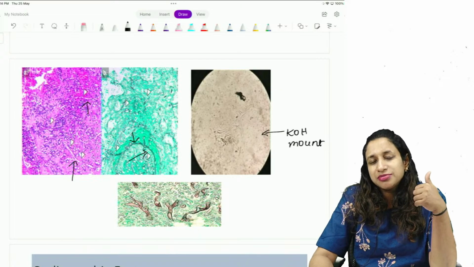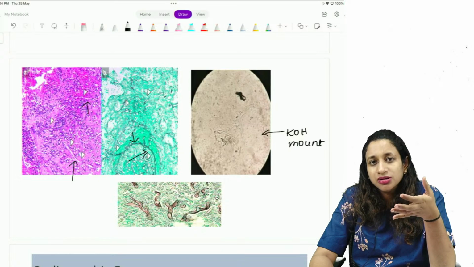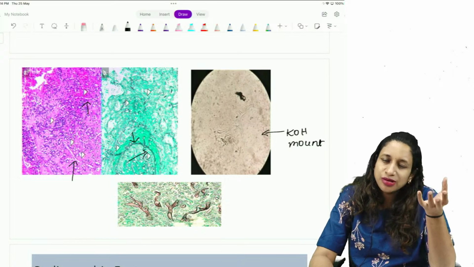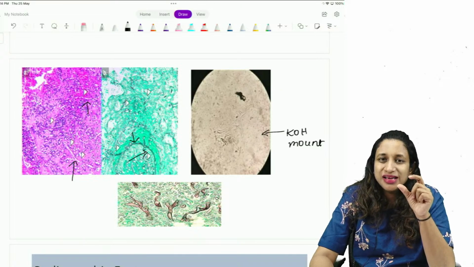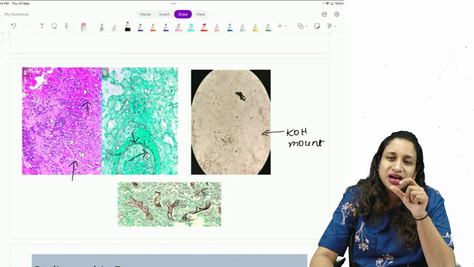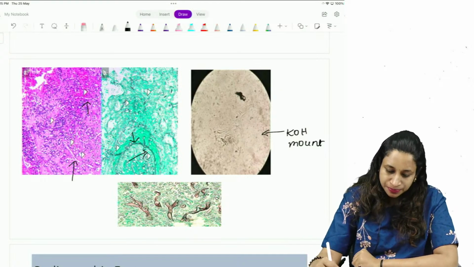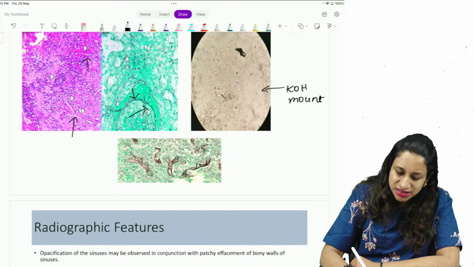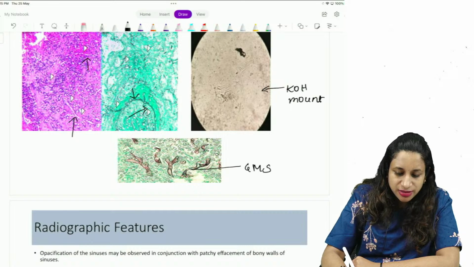So many a times surgeons insist on having a microbiologist see a suspected case very quickly, and that is because a simple idea about that this is an aseptate hyphae can also help them start amphotericin B very quickly. So this is what is considered again very typical black colored staining especially, and this is for GMS stain.